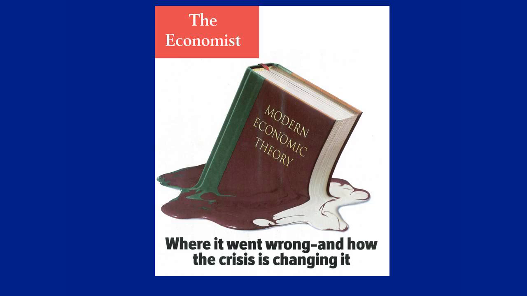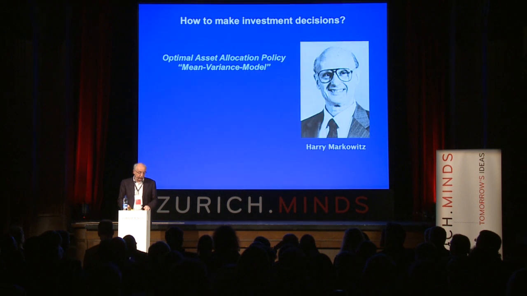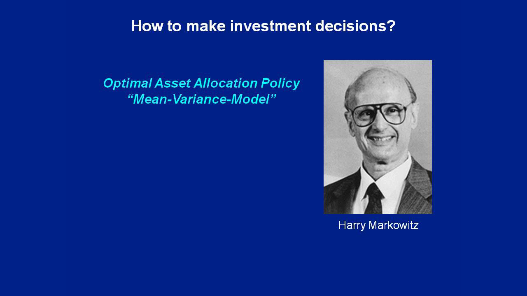This theory is based on a world of risk, and it can fail in the world of uncertainty. We need different theories. Nassim is building on some of those. What I show you now is a standard theory, Harry Markowitz's Nobel Prize winning mean-variance model.